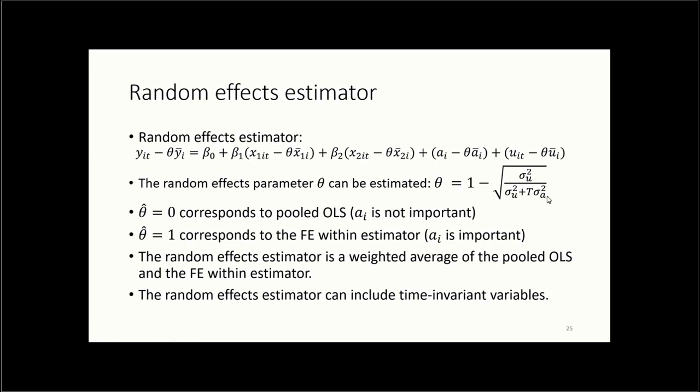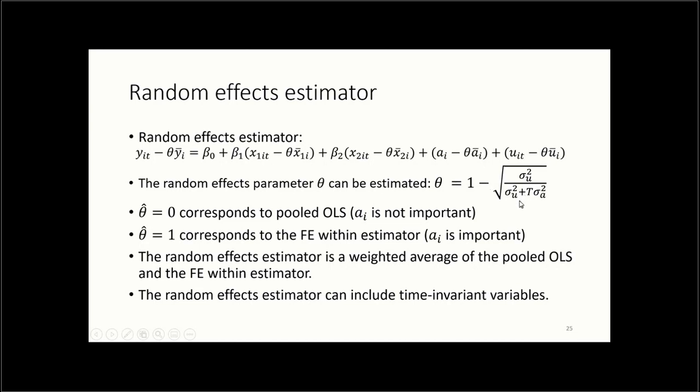So now, when would theta be equal to 0? So theta would be equal to 0 if this expression is close to 1. And this would be close to 1 if this variance is very high and this one is very low. Because if we have this variance very high, that would be equal to 1. 1 minus 1 would be equal to 0.